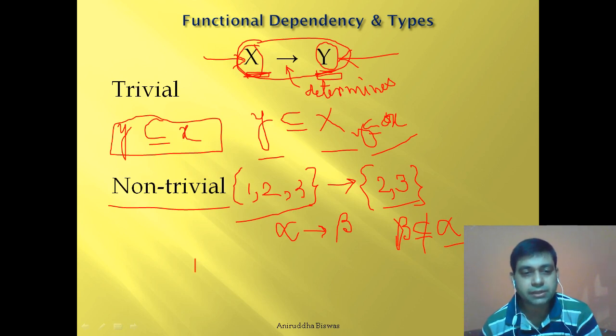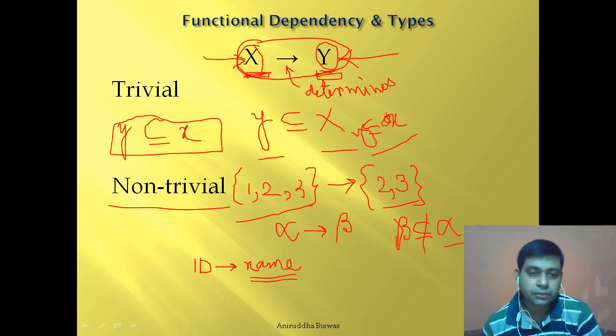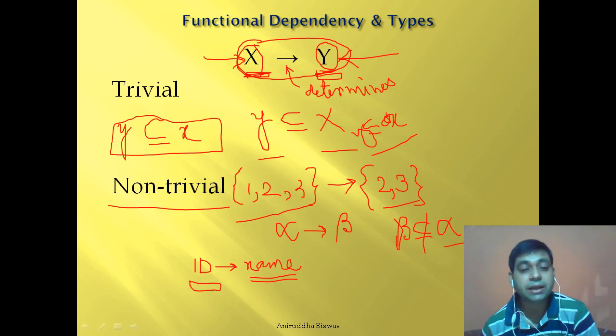Let's say in a table there is a field called ID. For each individual ID, there is a unique name which can be determined. So if we know the ID, then we can determine the name. But on the right side, the name field is completely different from the left hand side. On the left hand side there is ID.